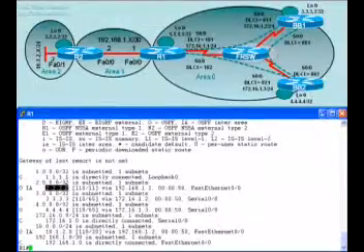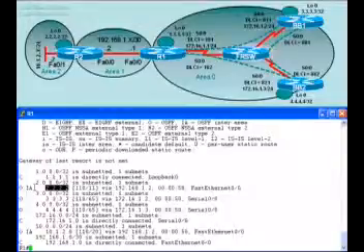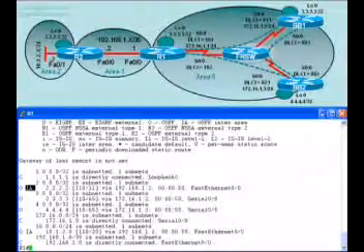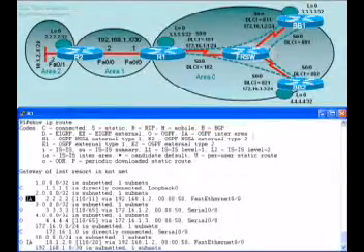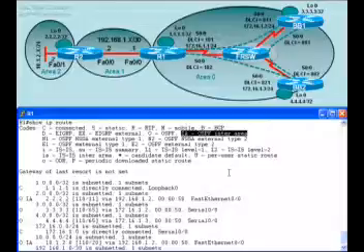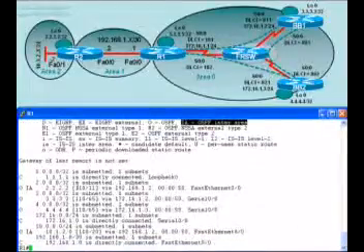And something else that's interesting to note, notice that those routes that are coming from a different area other than the areas that router R1 resides in, notice that they are tagged with an IA. If we look at our context-sensitive help, we can see that IA refers to an OSPF inter-area route. This route information is coming from another area, in other words.